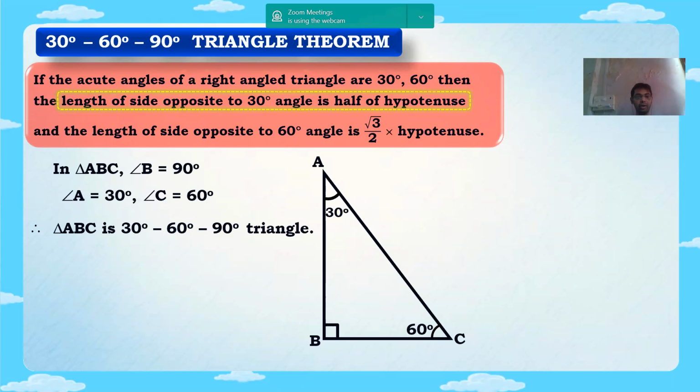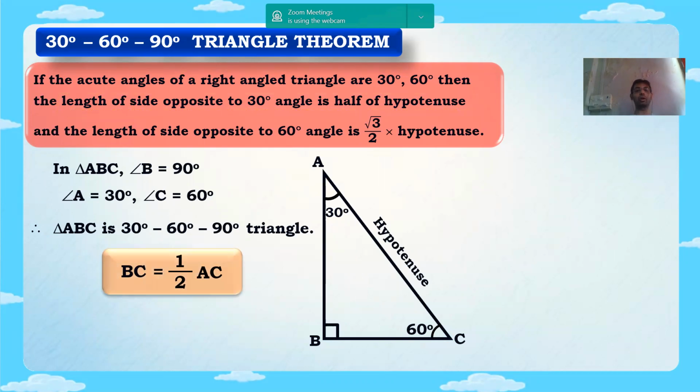Look at angle 30 degree and tell me which is the side opposite to angle 30? Yes, that is side BC. Now its length, if you have to find it, they say it is equal to half times the hypotenuse. Which is the hypotenuse of triangle ABC? Yes AC, so it is half of AC. We call this: side opposite to 30 is half of the hypotenuse.